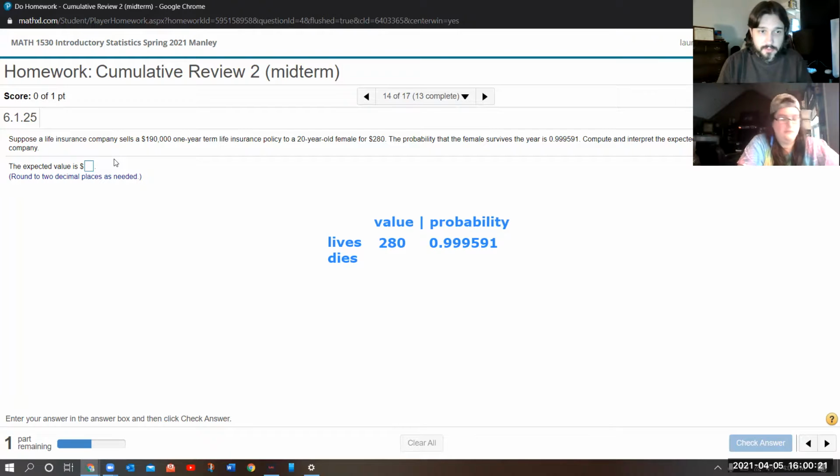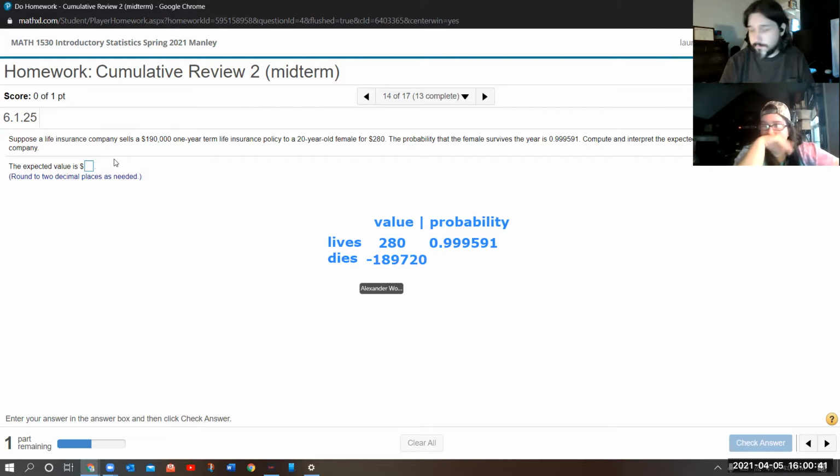Right. And because this is a net loss, we're going to make it a negative number. So negative 189,720. I should have done 280 minus that number to get the negative. Yeah, that'd be the best way to go about it. So I'll put that there.